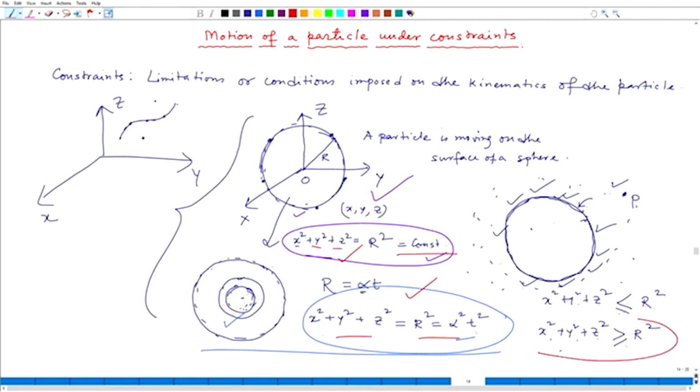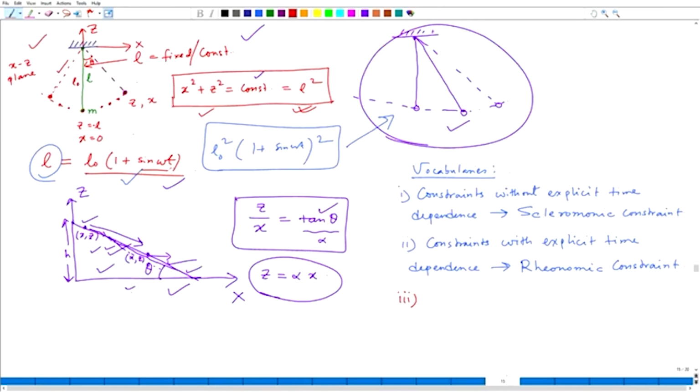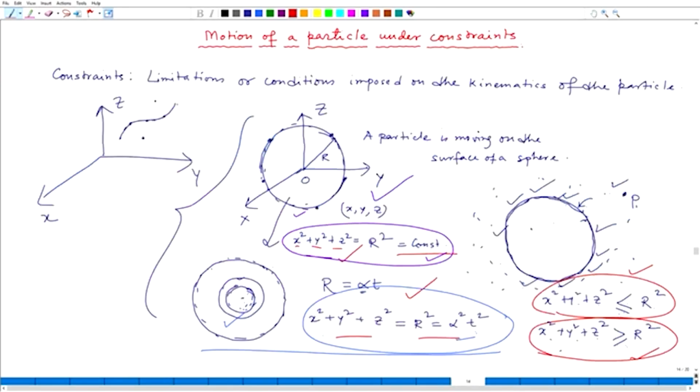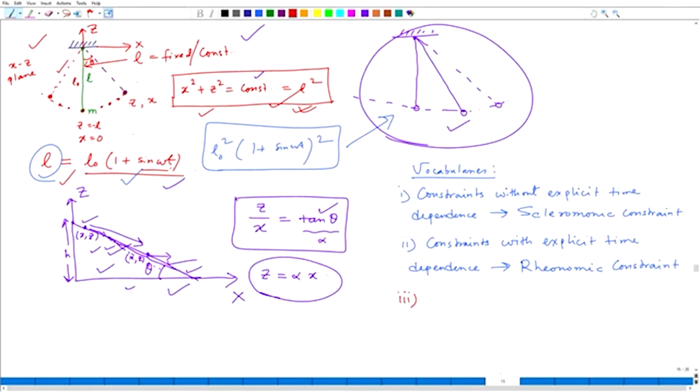Again, some constraints are not equalities, they are inequalities or a combination of equality and inequality, but whenever there is a strict equality, for example here, or in these two cases, we call that a bilateral constraint. So, constraints in the form of equations are bilateral constraints.